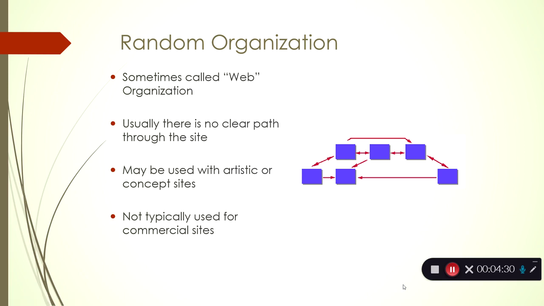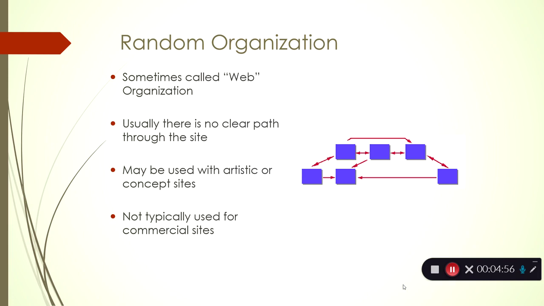The third type is called random organization. There is no clear path through the site. Hierarchical and linear organizations provide a clear idea of how to access the pages and how they are organized. But with random organization, you have to go and explore. It is really hard to figure out how the pages are organized.